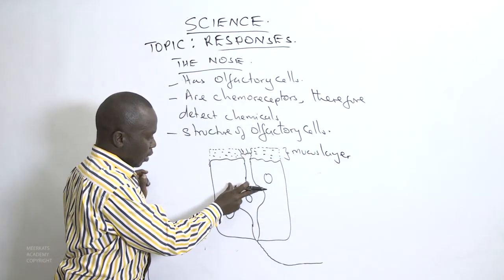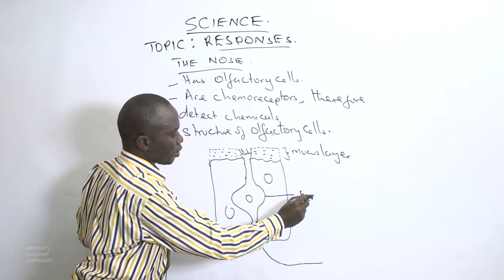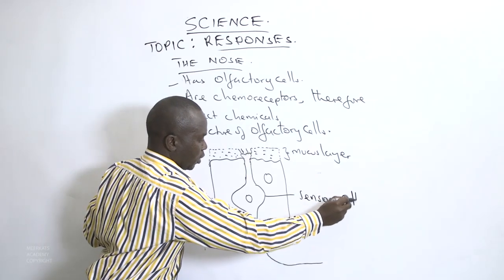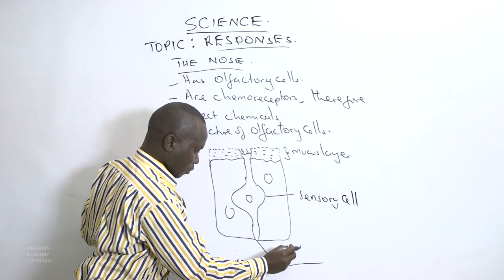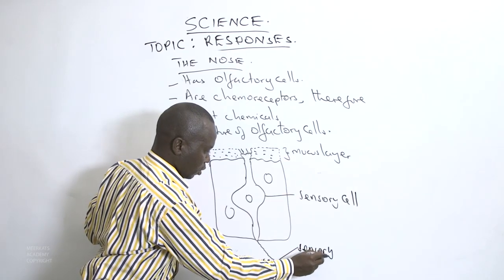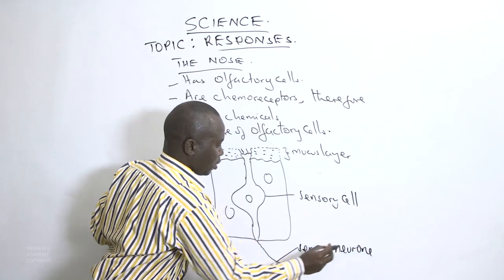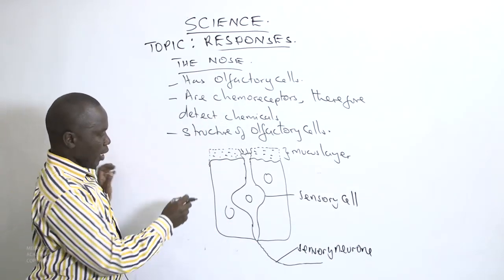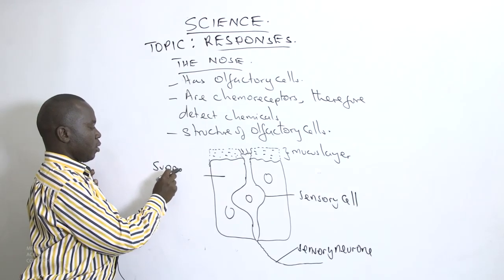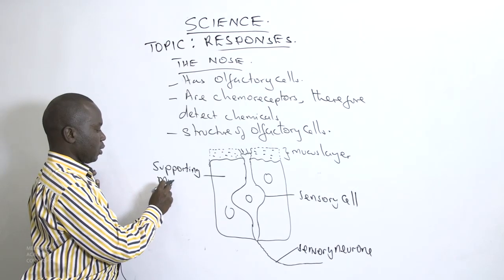This is the real cell, the sensory cell in the olfactory system, that is a sensory neuron, but it has supporting mucus cells.